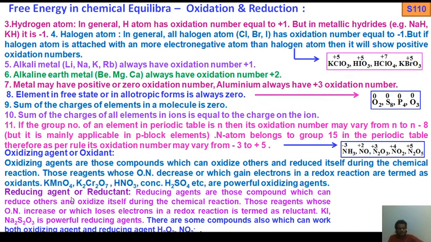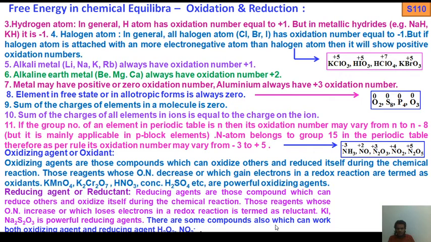Now, reducing agent or reductant. Reducing agents are those compounds which can reduce others and oxidize themselves during chemical reactions. Those reagents whose oxidation number increases or which lose electrons in a redox reaction are termed as reductants. KI and sodium thiosulfate are powerful reducing agents.